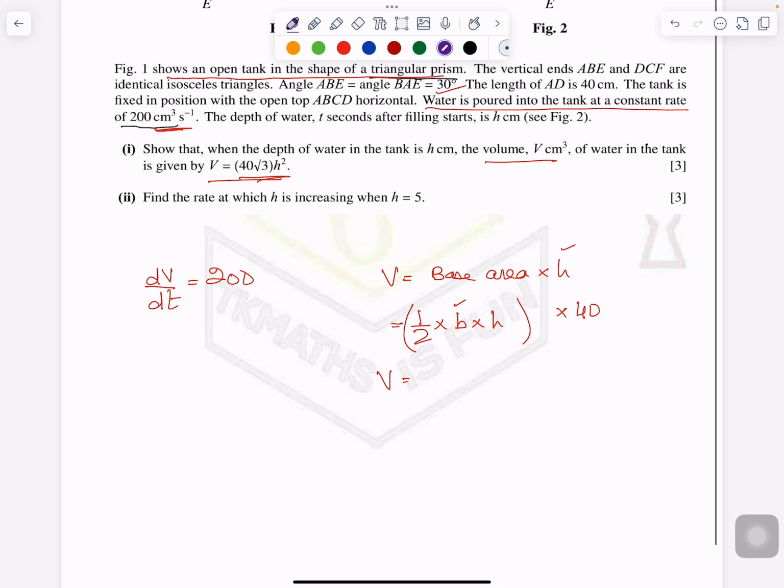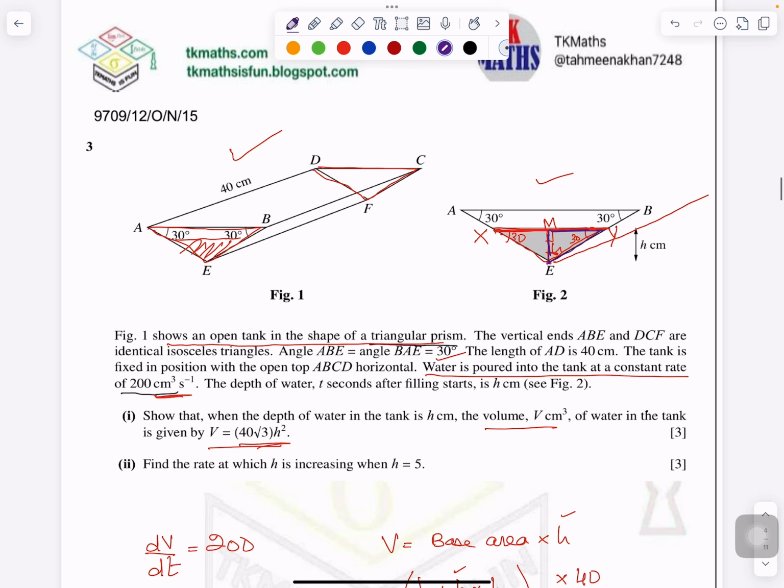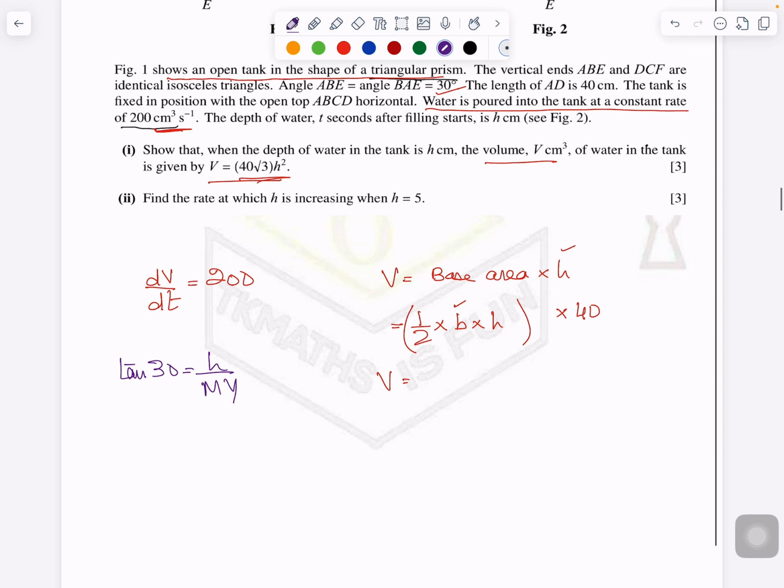No, tan 30 is equal to m over h, right? It is this angle, this is your base and this is your opposite side. So tan is opposite over adjacent. This is what I have written.